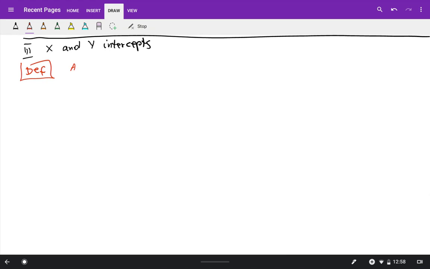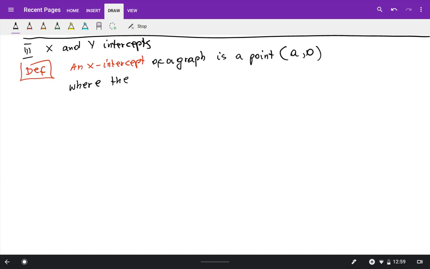An x-intercept of a graph is a point a, comma 0 where the graph intercepts or touches the x-axis.